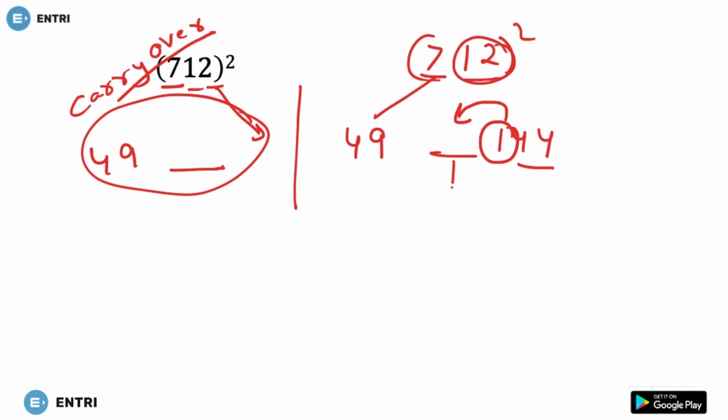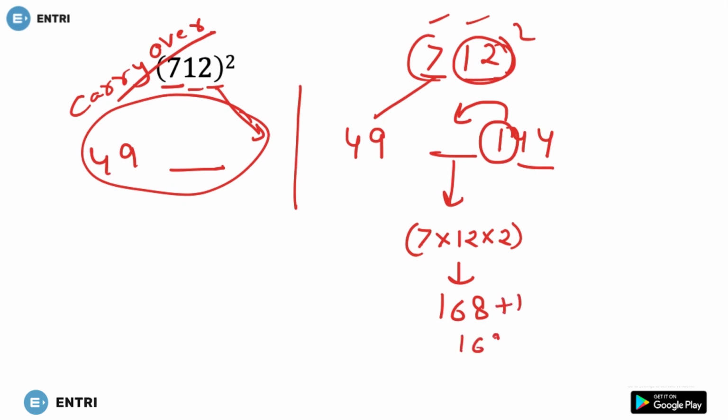Now for solving this step, I have already told you, take the first digit and the last digit and multiply it by 2. So solving it, 7 into 12 into 2. That means it is 168. But this was in the carryover. Now adding this carryover part in it, it will become 169.